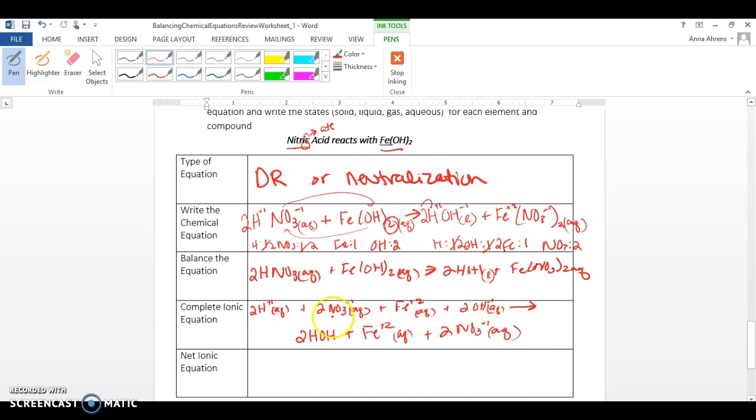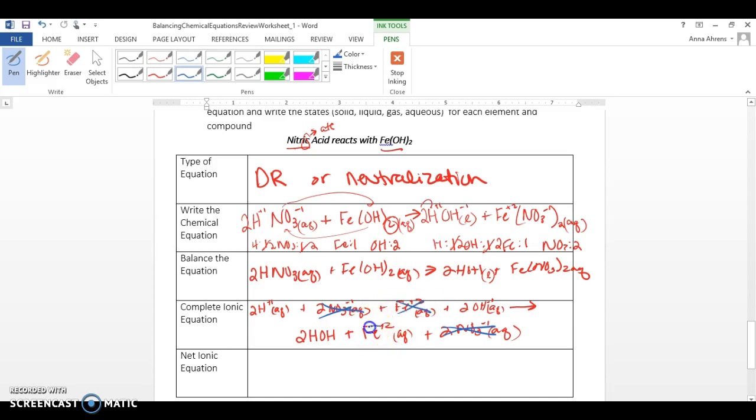Okay, so our next step before we get to the net ionic equation, we have to cross off our spectator ions. Remember, spectator ions occur on both sides, and they have to be the same number, same state of matter, and the same charge. So do we have any? We have 2 H's on this side. Do we have any H's on this side? Nope. Okay, we have 2 NO3s that are -1 charge aqueous. Look at that. We have 1 on the left, 1 on the right. So we're going to cancel these out. Then we look at iron. We have 2 on this side plus 2 on this side.